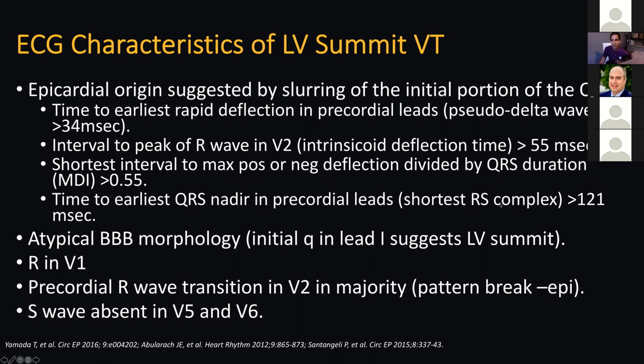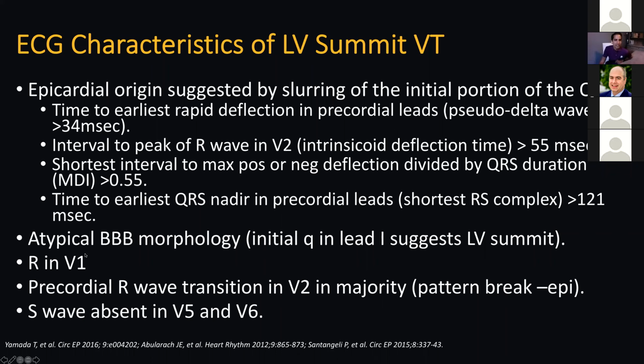And then also the shortest RS complex, but it's broad. So all these things suggest there's slurring of the QRS, which is suggestive of an epicardial site of origin or epicardial exit. The other thing that is also suggestive of that is this pattern break: positive in V1, negative in V2, positive again in V3 is consistent with an epicardial origin as well.